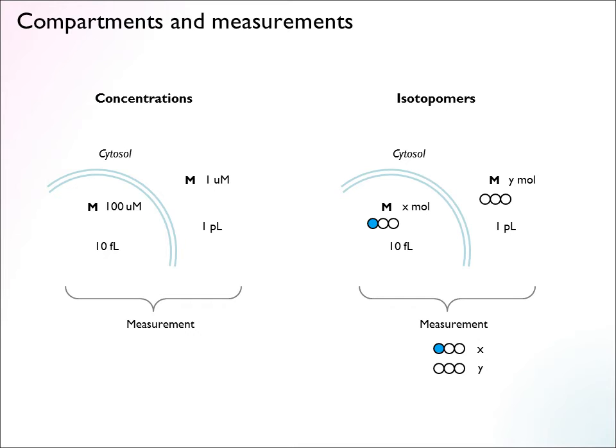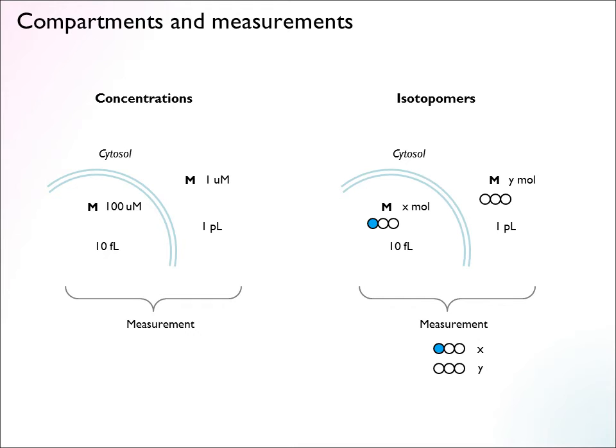They might have two different sources. So you might have a labeled isotopomer appearing in the mitochondrion, an unlabeled one in the cytosol. But if you just mash this up, do a cell extract and measure it on a mass spec or something like that, you will see the mixture. And this can be misleading in some cases.